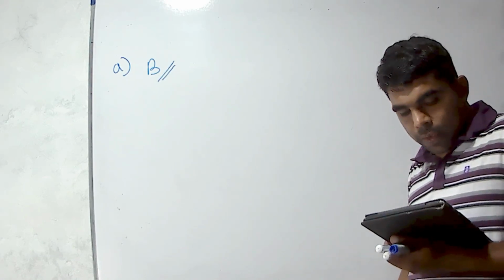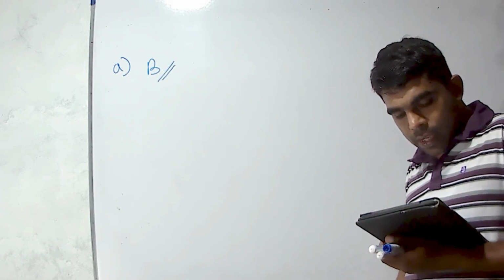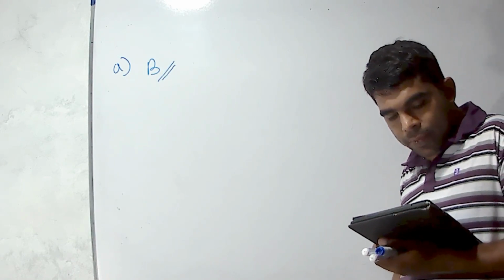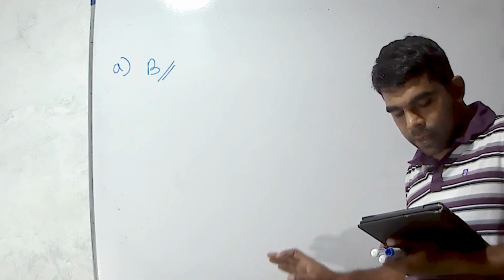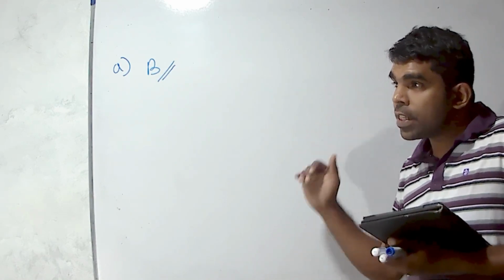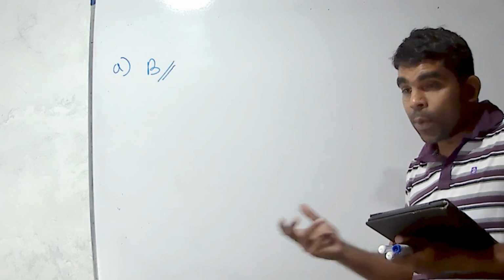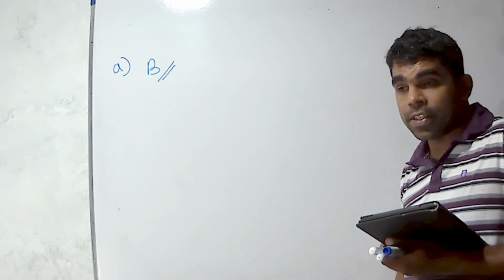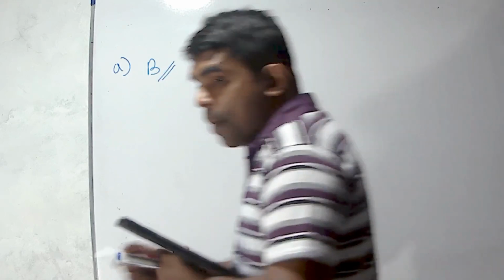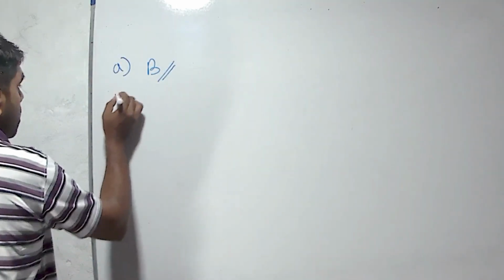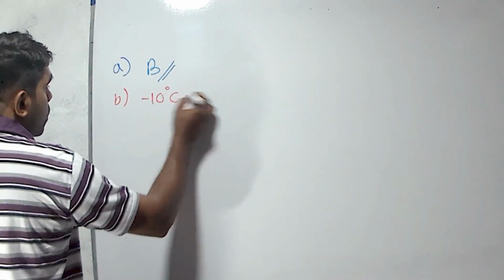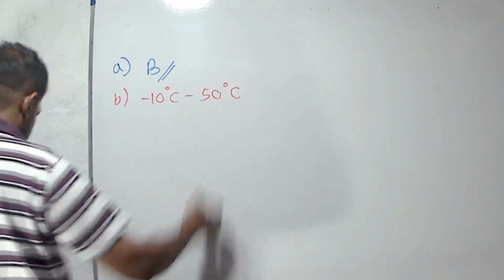Therefore, we can use the thermometer with the smallest range, because when the range is decreasing, accuracy of the thermometer is increasing. Therefore, the appropriate thermometer is the -10 to 50 degrees thermometer.